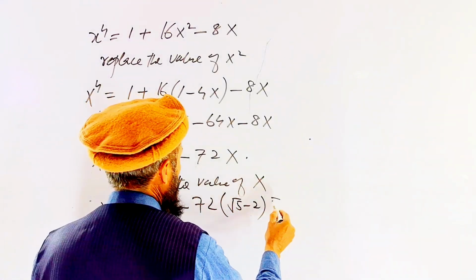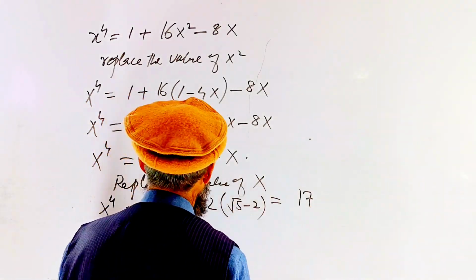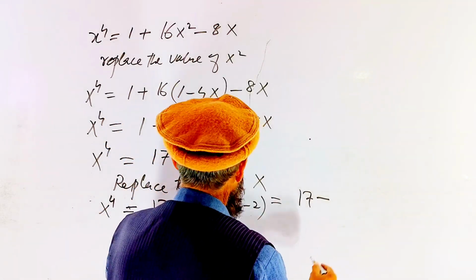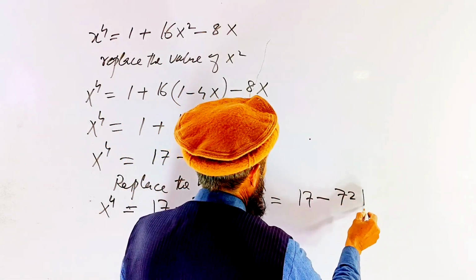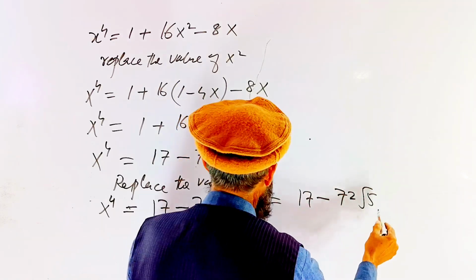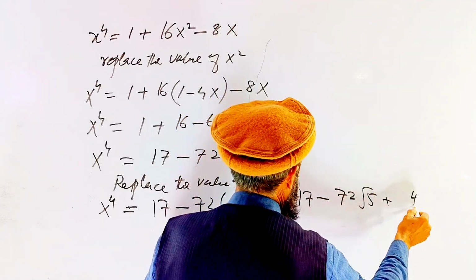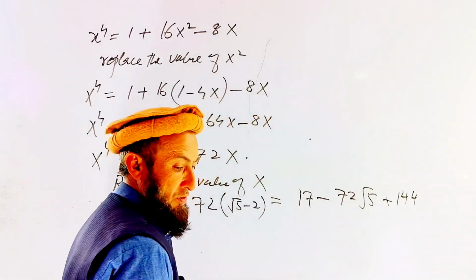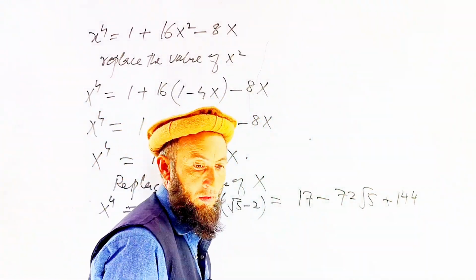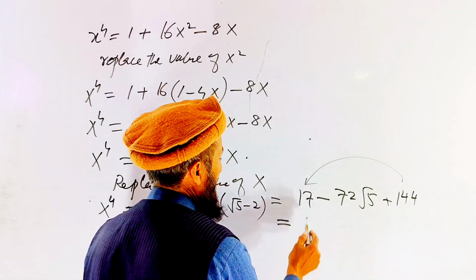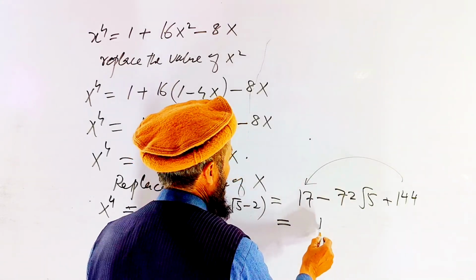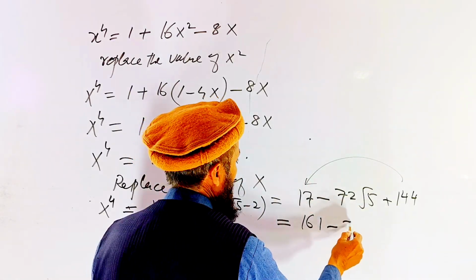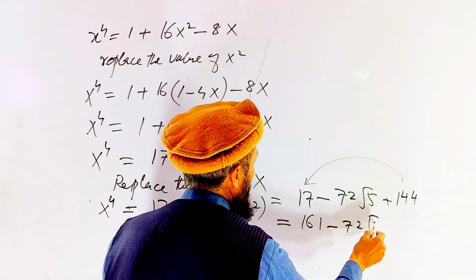So we simplify this result. 17 minus 72 under the root 5 plus 144. We add these terms, 7 plus 4 is 11, 11 plus 1 is 161, minus 72 under the root 5.